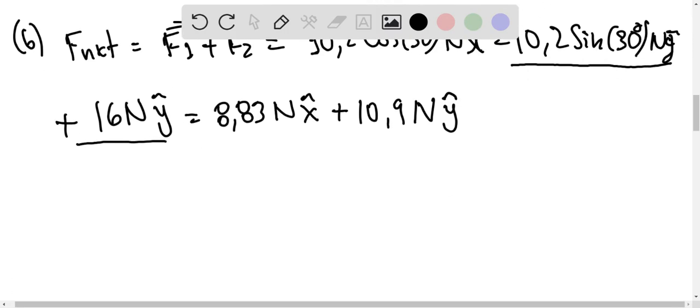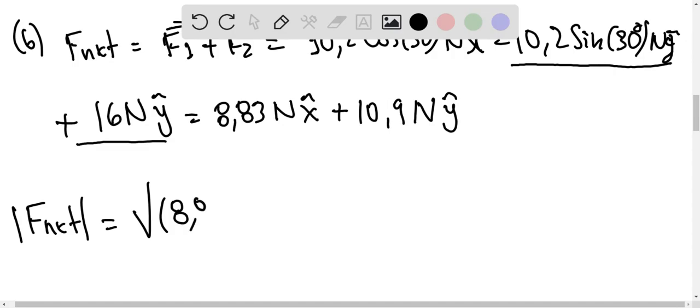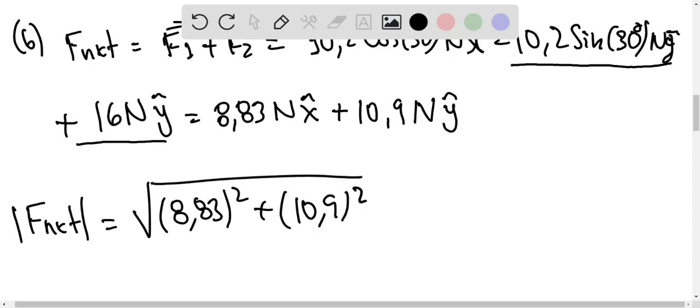Now, we can find the magnitude of this net force as the square root of the sum of the squares of these two components. This gives us 14.03 newtons.